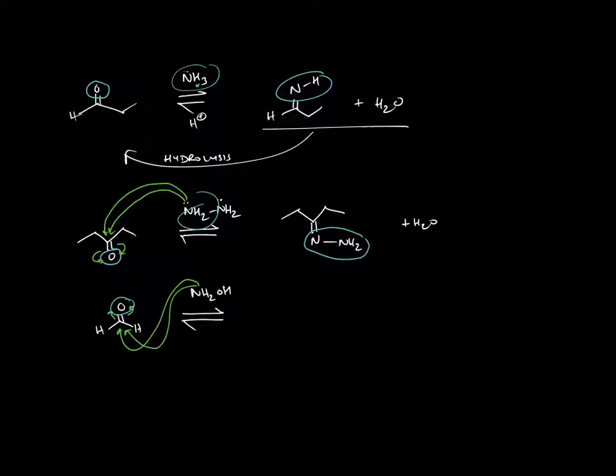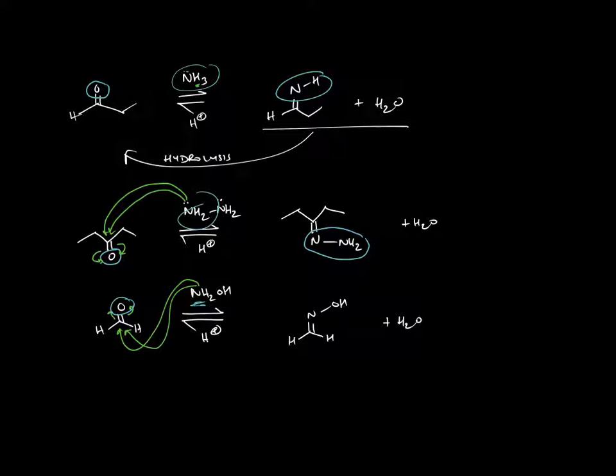Yes, there's a much longer mechanism with a lot of acid and base. Oops, this should always be done in the presence of acid. And we would turn our C double bond O into a C double bonded to N. In this case, we would have an N with an OH coming off of it, because this nitrogen right here had an OH coming off of it. Once again, we would kick off water.